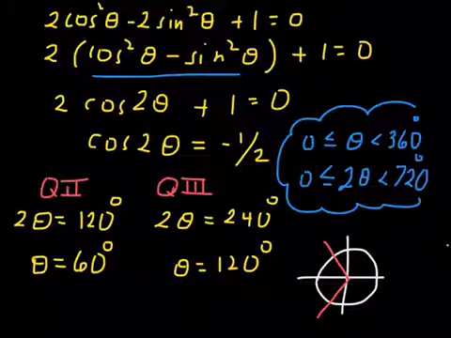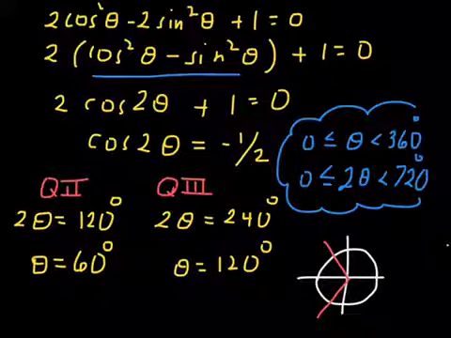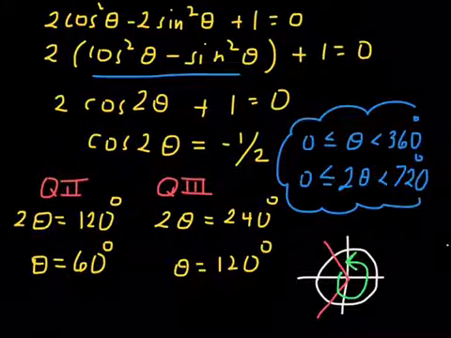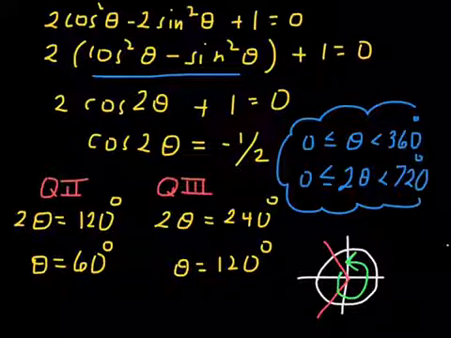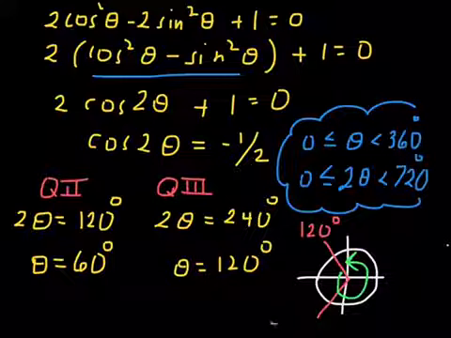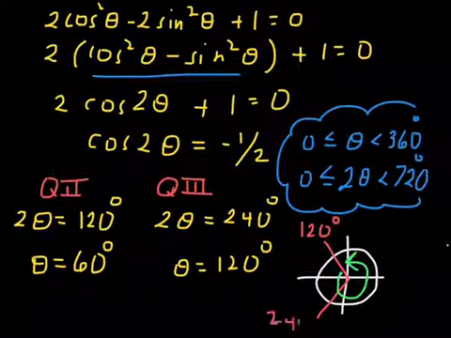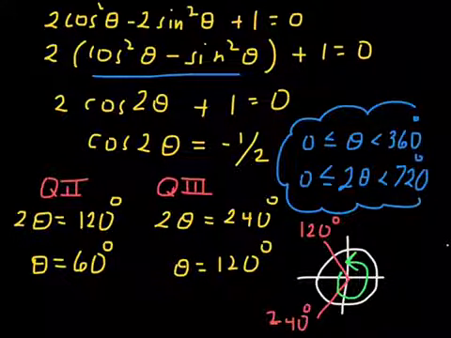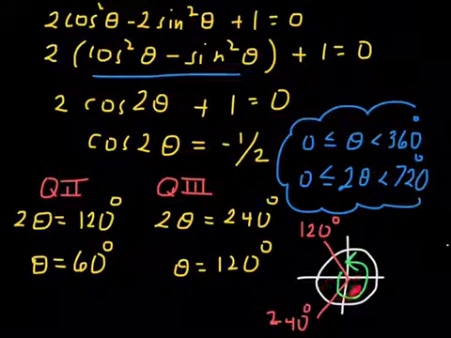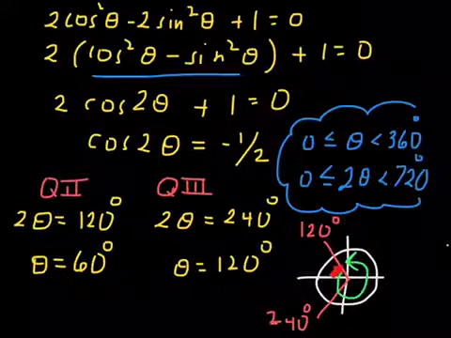So this is what I want you to do. What is this? This is 120 degrees, right? Add 360 to that. Here, let me label this. I think it'll be better. There we go. This is 120 degrees, and then this is 240 degrees. Okay, guys, I started at 120 degrees, and I added 1 full rotation. So what's 120 degrees plus 360 degrees? 480 degrees.